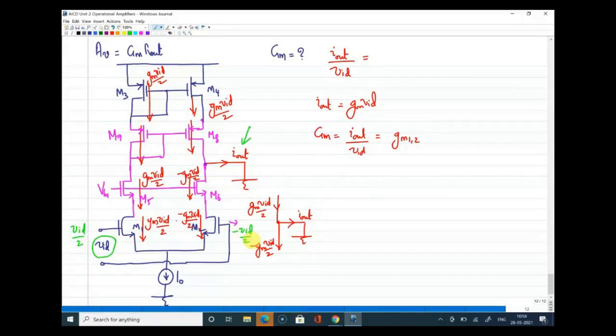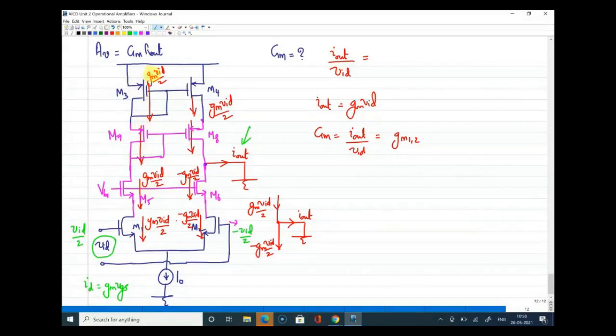Now looking at the gate voltage of M1 and M2, small signal voltage, I wrote the small signal current Id as Gm into Vgs. In the same form, I wrote it as Gm into Vid by 2 on both sides. Now, if I write Gm Vid by 2 here and minus Gm Vid by 2 on the other side, M5 and M6 will carry the same current because it is the same branch. Now, on the left side, if you look at M3 and M7, Gm Vid by 2 is a current flowing down.